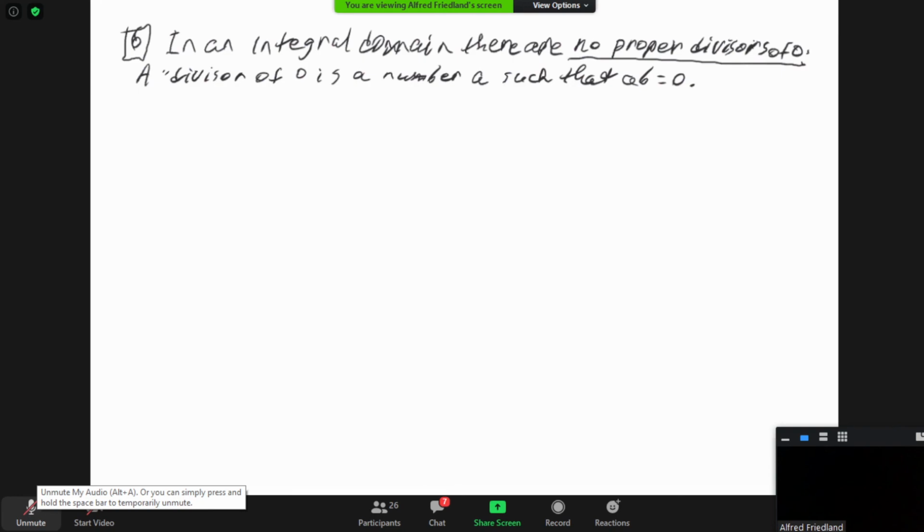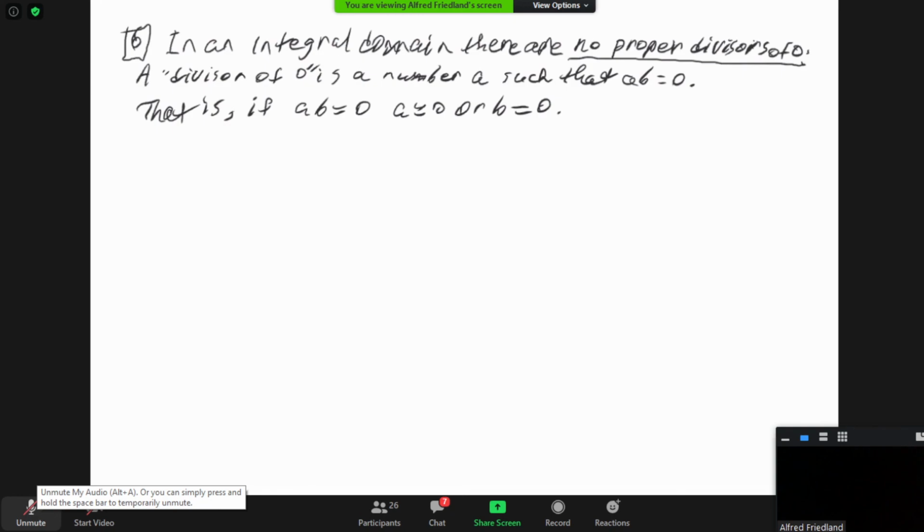So a divisor of 0, and then we'll conclude this. That is, if AB equals 0, then A equals 0 or B equals 0. So that's what an integral domain is. You have no proper divisors of 0.